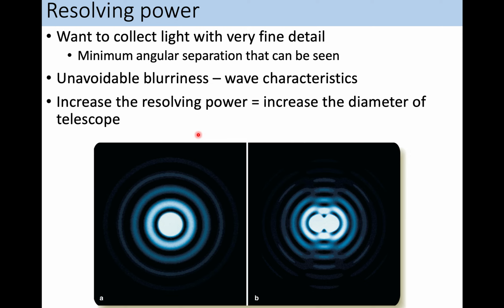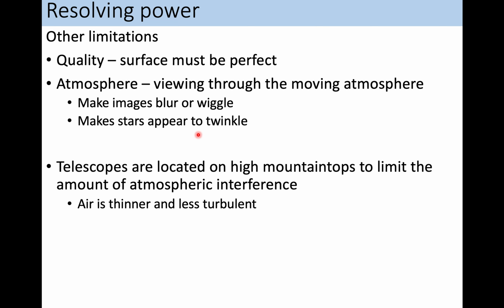So there is some unavoidable blurriness due to the characteristics of the waves, the light that you're actually looking at, but you want to try and increase your resolving power as much as you can. So the way to increase the resolving power is to increase the diameter of the telescope itself. So you want to have a very large primary lens and a very large diameter of your telescope.